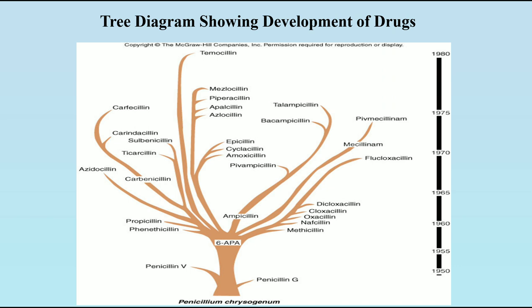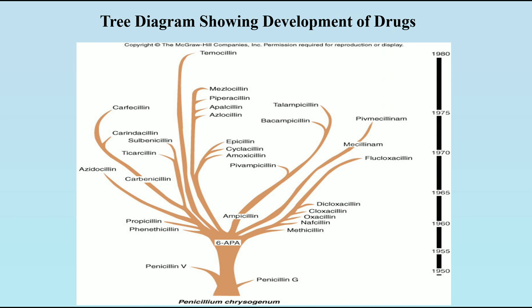So these are different types of derivatives of penicillin which were developed by modifying the structure of the penicillin and then researching the effects of the changed structure on the treatment of the patient, observing whether the modified drug is treating the infection or not.